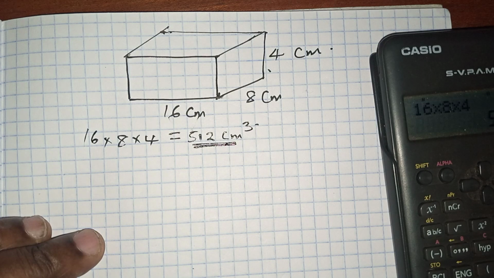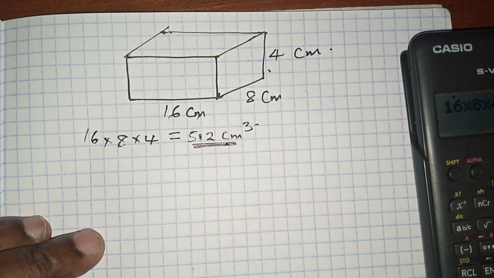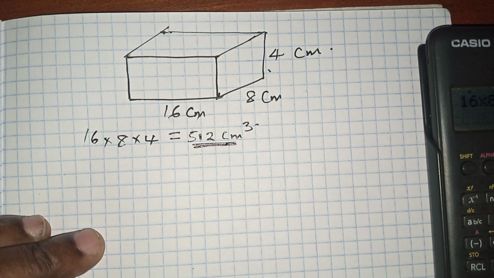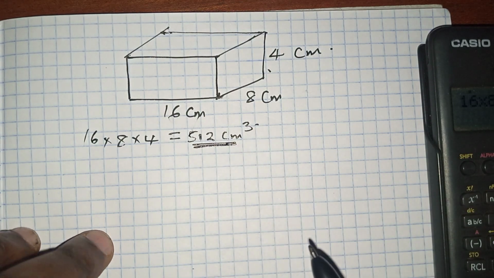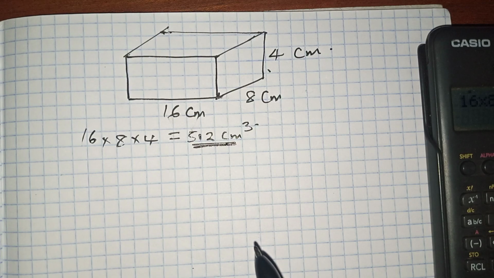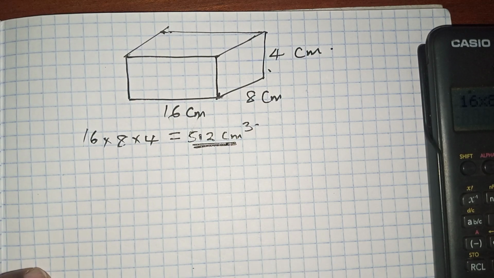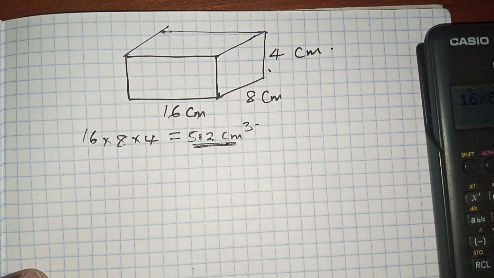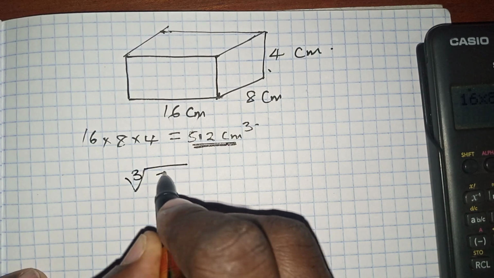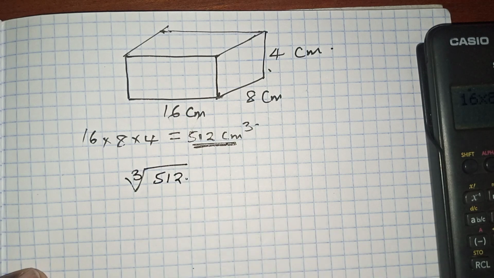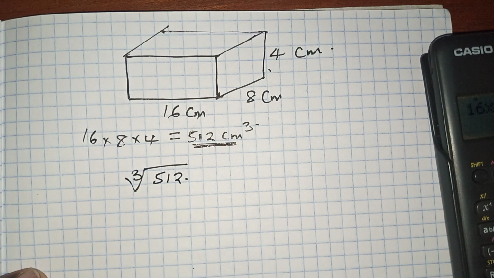Now, this same volume is going to make a cube, and please note that the property of a cube is that the length equals the width, and it actually equals the height. In other words, we are expected to look for the cube root of 512.